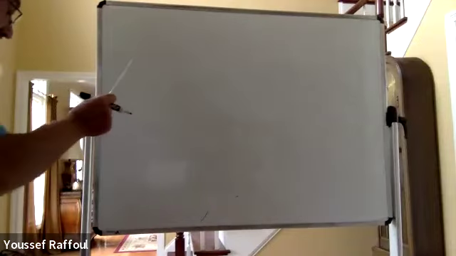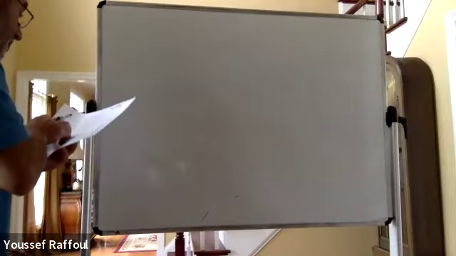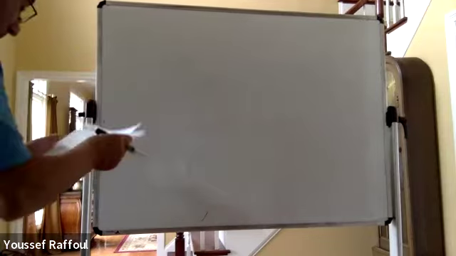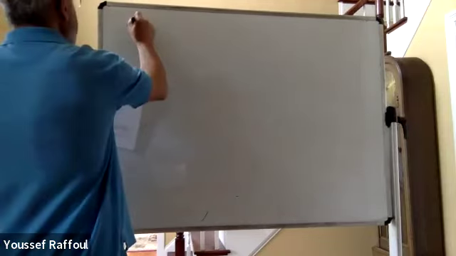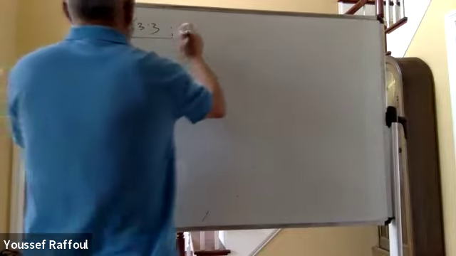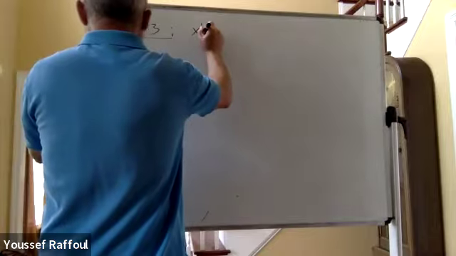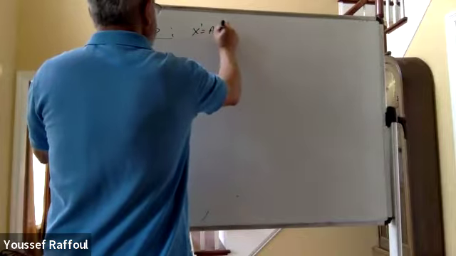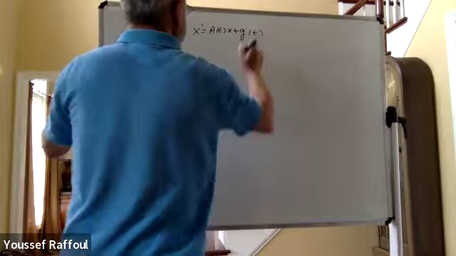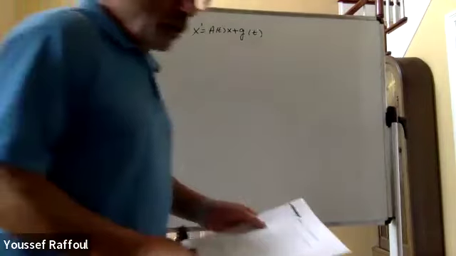Now we are in section 3.3, and this is x prime equals A(t)x plus g(t).